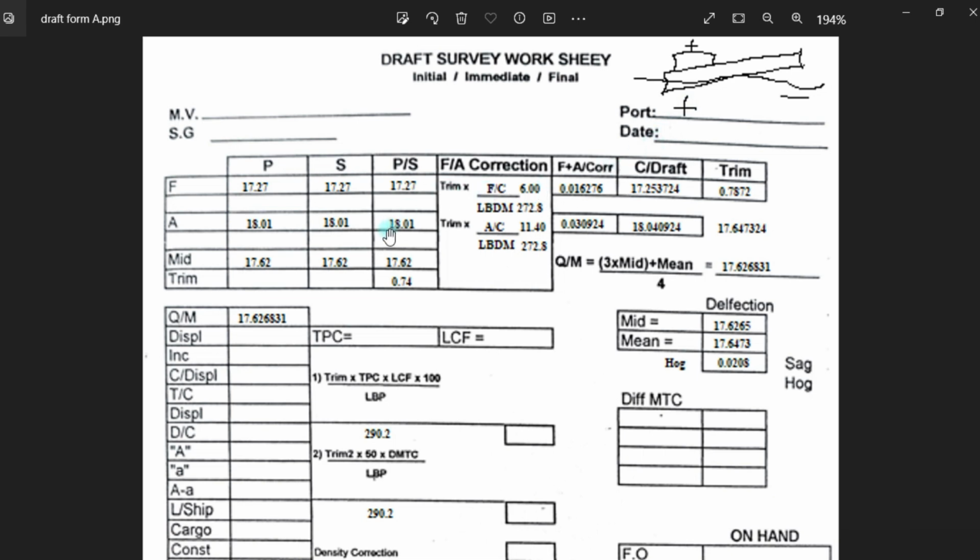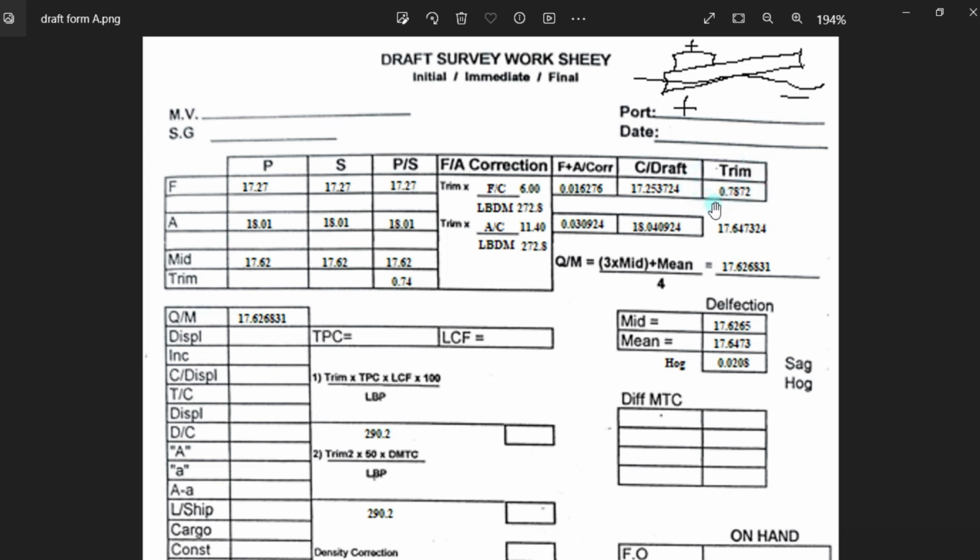So initial drop up will be 18.01 plus 0.030924, which is 18.040924. Now the corrected trim will be 18.040924 up minus your corrected drop forward of 17.253724.